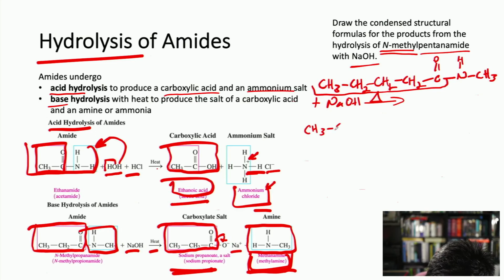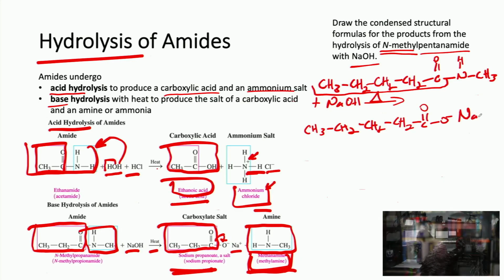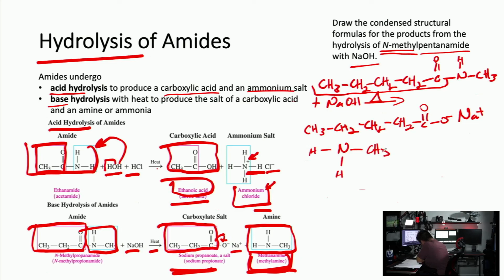So CH3, CH2, CH2, CH2, COO minus, with a sodium ion, along with the amine that we used, which was methylamine, CH3NH2. And that's our products. It's as easy as that.